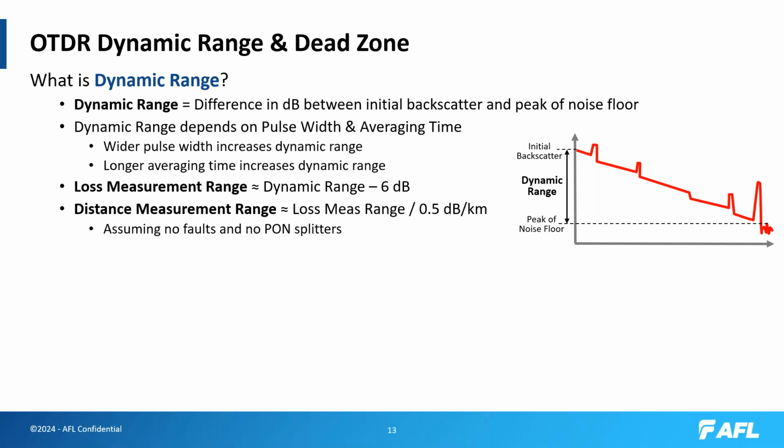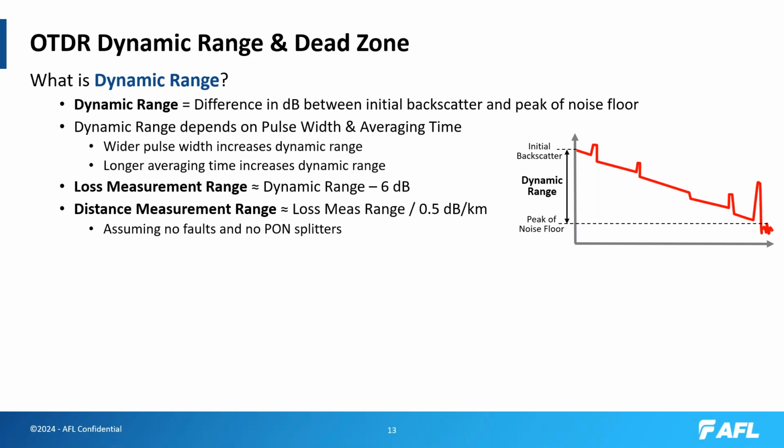Dynamic range is an OTDR specification that summarizes the difference in dB between the initial backscatter level and the peak or the RMS value of the noise floor. Once the light exits the fiber, you only get noise coming back, or you're only measuring noise. And you want your backscatter level to be out of the noise in order to be able to make measurements at the end of the fiber.